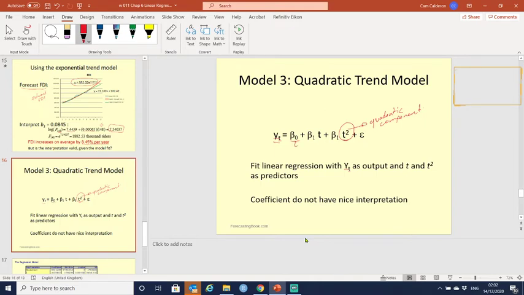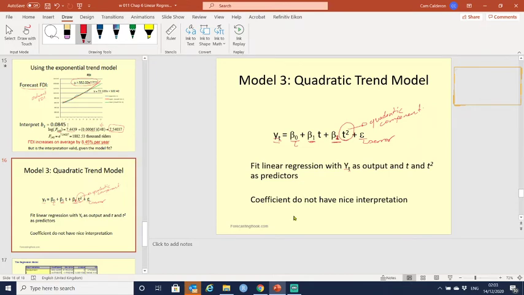This is the intercept, this one is the coefficient of time, and this is the coefficient, actually there is a typo here, this should be beta 2. Beta 2 is the coefficient of t to the power of 2, and this is the error. So we are going to fit a linear regression with a quadratic trend model, with yt as the output and t and t to the power of 2 as predictors.